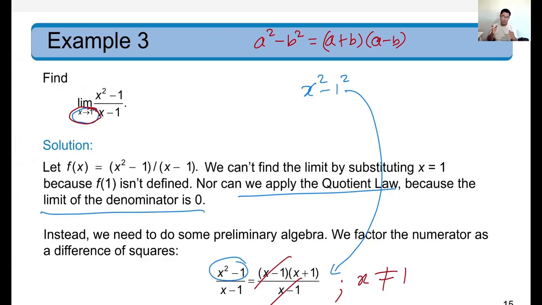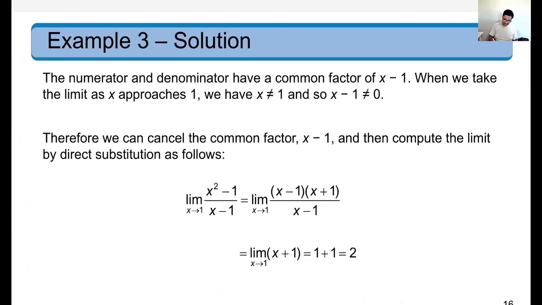So as you are getting closer to 1, not equal to 1. So x is not equal to 1 as far as the limit is concerned. So it is safe to do this cancellation. And after you do this cancellation and you are left only with x plus 1, when you substitute now, you get the value 2.